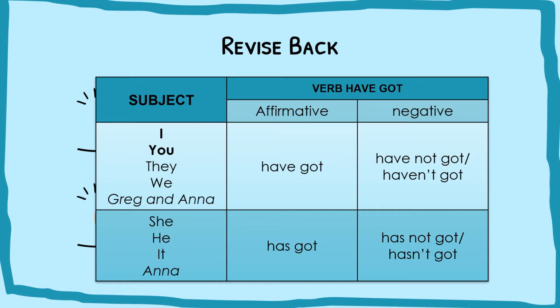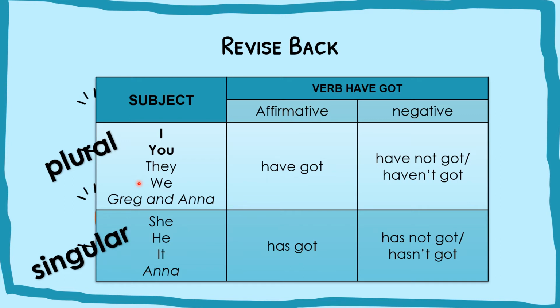In this verb have got, we have two kinds of verb to have. The first is have got and the second is has got. What is the difference between these two? The difference is the plural and singular group.